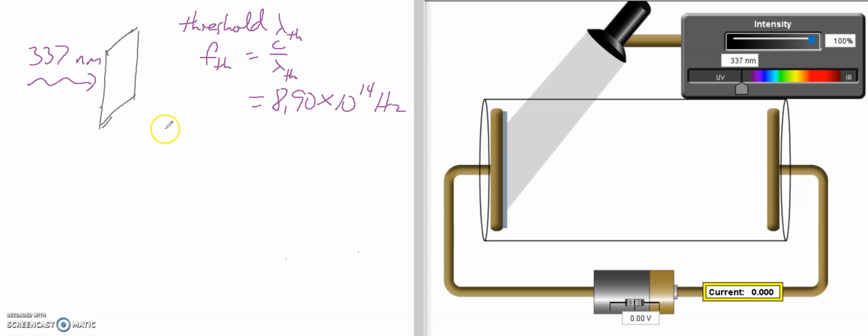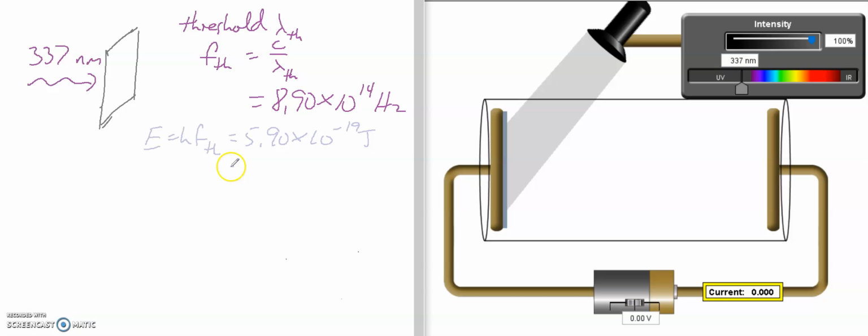If I multiply that frequency by Planck's constant to get the energy of those photons, we've got about 5.90 times 10 to the negative 19 joules of energy.